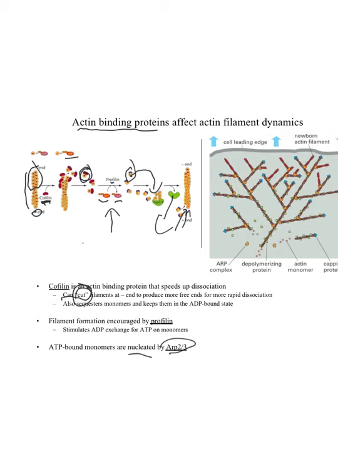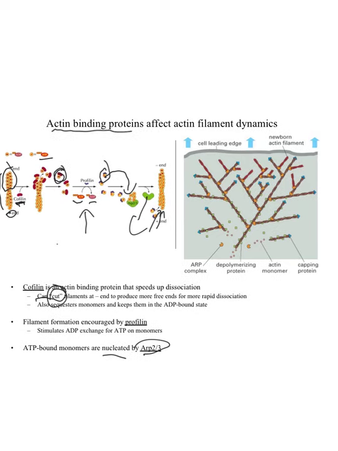Other actin-binding proteins help to stabilize the filament in the ATP-bound state. And those proteins are called capping proteins. And those capping proteins, they're shown kind of as a blue arrow here. They associate with the plus end of the filament, and what they do is they tone down the ATPase activity of actin.